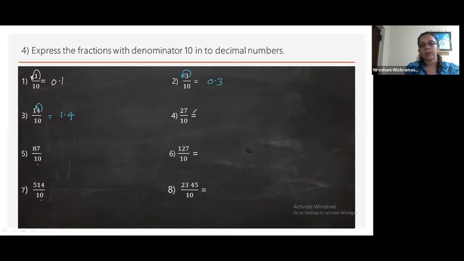This one, 1 decimal place back, 2.7. 1 decimal place back, 8.7. 1 decimal place back, 12.7. 1 decimal place back, 51.4. 1 decimal place back, 234.5.